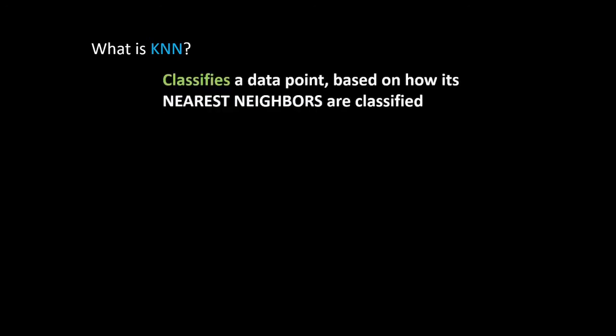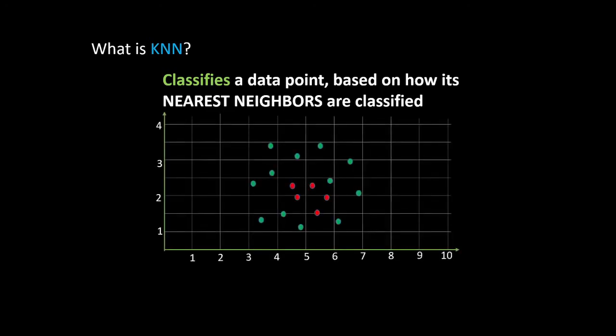So what is KNN? It classifies a data point based on how its nearest neighbors are classified. So it's nearest neighbors. If we look at this graph again, and I put a circle on this graph, what this is really ultimately going to tell me is a yes or no. If I'm trying to make a prediction of a new data point, it's really going to say, is it or is it not something?